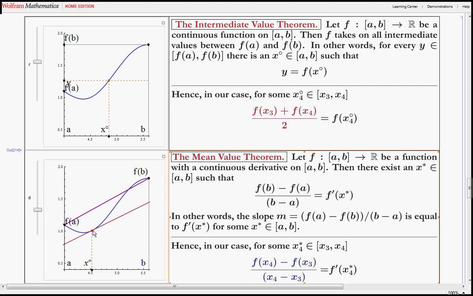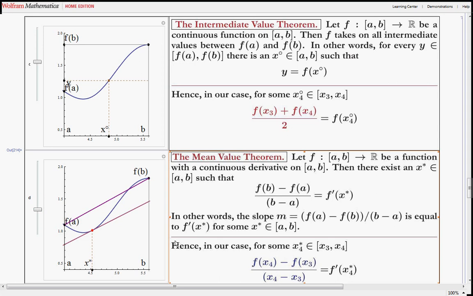Now, the derivative of function f at a certain point x star is equal to the slope of the tangent line to the graph of the function at point x star. So as we range with x star between points A and B, we see that at a certain point x star, the slopes of both lines, the tangent and the secant, are the same, and that's the point whose existence is claimed in the mean value theorem.